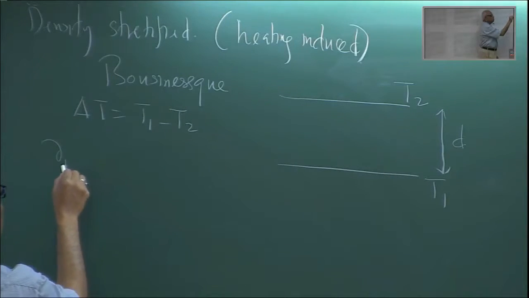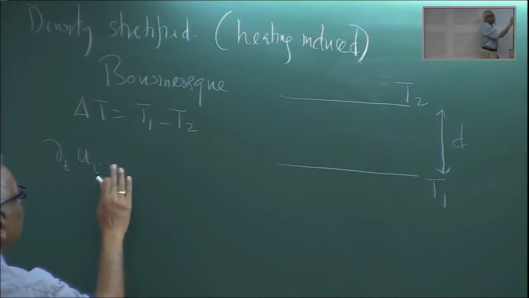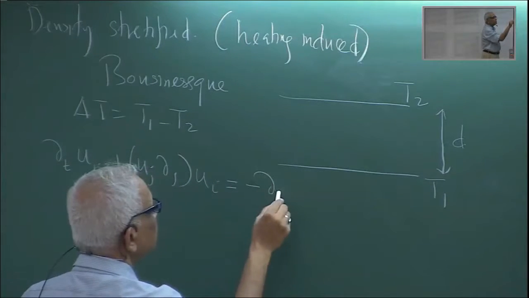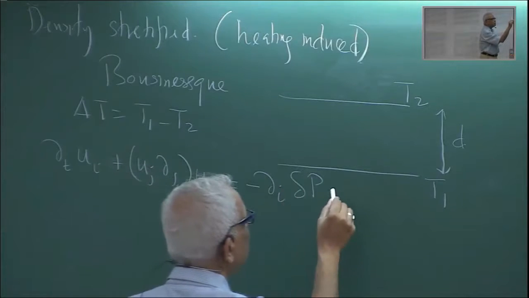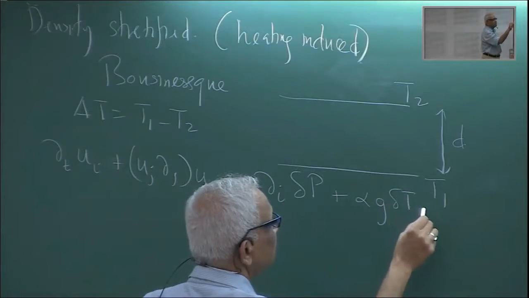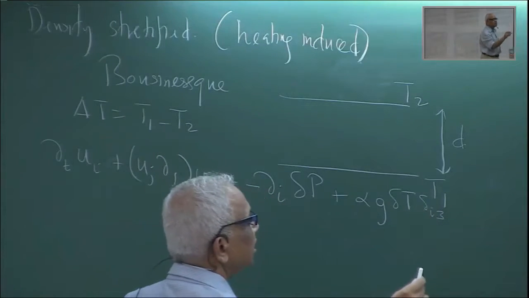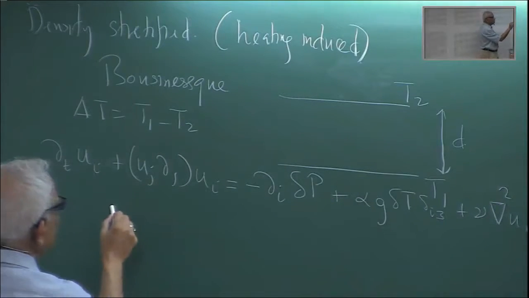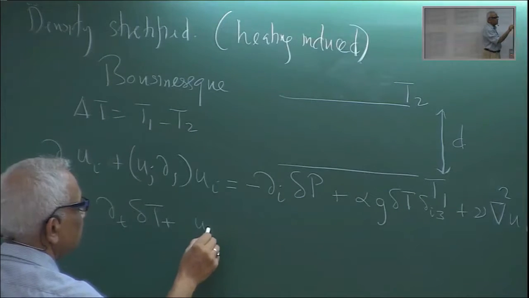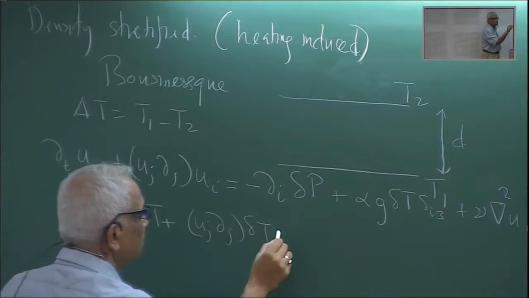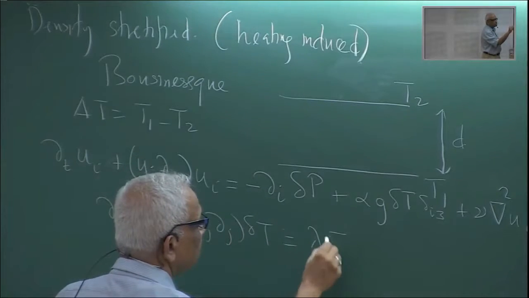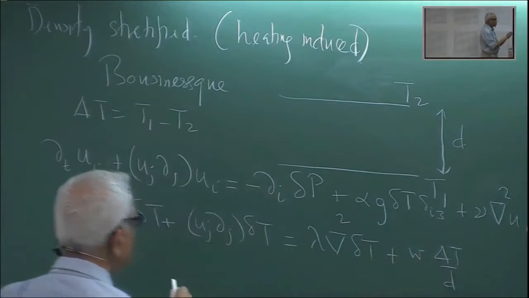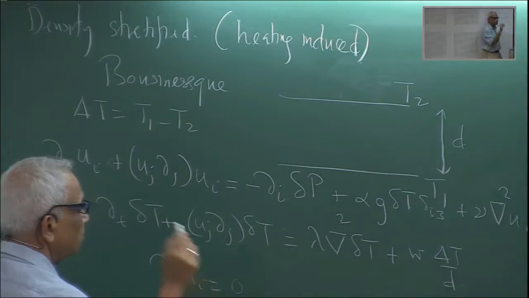The equations of motion are: del t u_i plus u_j del_j acting on u_i is minus del_i delta rho plus alpha g delta T delta_i3, that's the Kronecker delta, plus nu del square u_i, and the temperature fluctuation satisfies delta T dot equals lambda del square delta T plus w delta T by d, and divergence free, that's del dot u equal to 0.